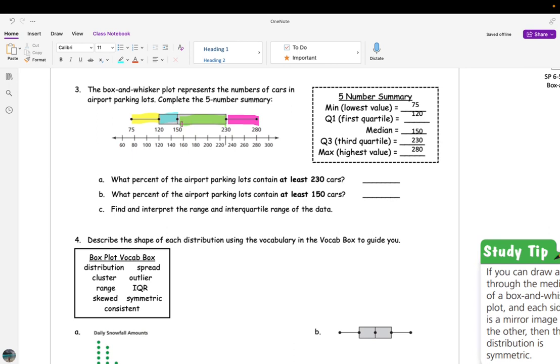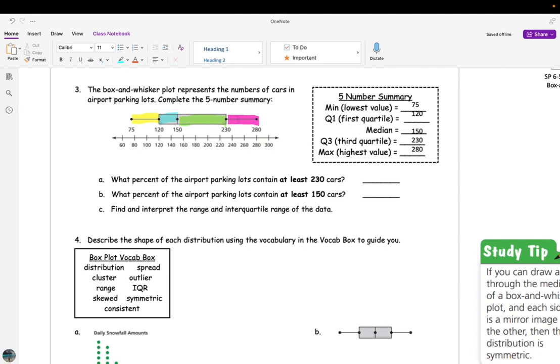And then the data is really spread out between 150 and 230. So it looks like there's a lot here, but there's not any more than there are in any other places. It's just more spread out. So the blue and the green have the same amount of numbers in them. It's just that they're really clumped together in the blue, much more spread out in the green.